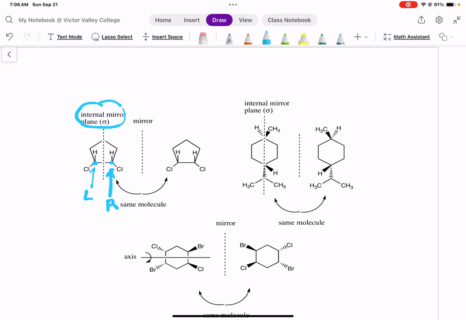Each carbon is actually chiral because it's got 4 different atoms or groups bonded to it. On the left carbon, your chlorine is on the left, and on the other, the chlorine is on the right. So they cancel out. Overall, it's not chiral. If you do a mirror image, it's going to be the same molecule. So this one is achiral. Same molecule means achiral.